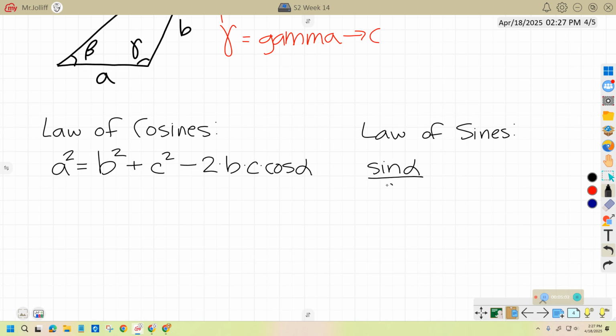Sine alpha over side length A, sine beta over side length B equals sine gamma over side length C. The ratio of the angle to its opposite side should be the same for every side length in the triangle. The question is, why do I need two separate formulas?